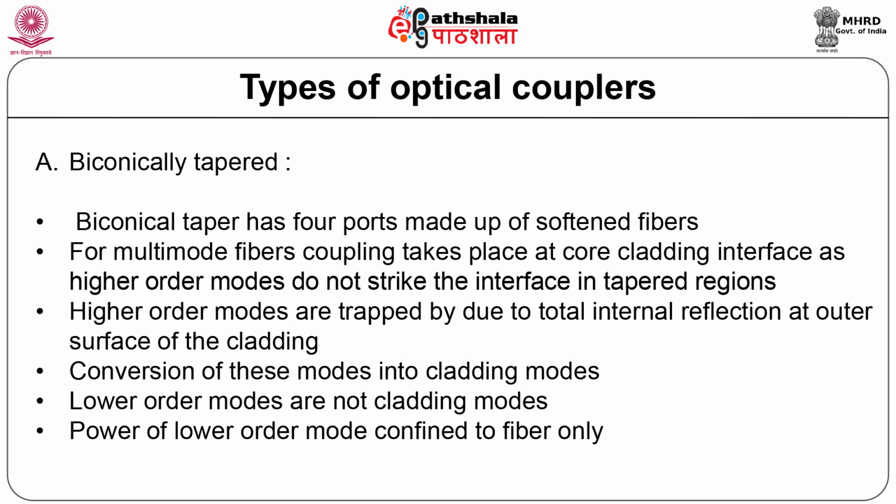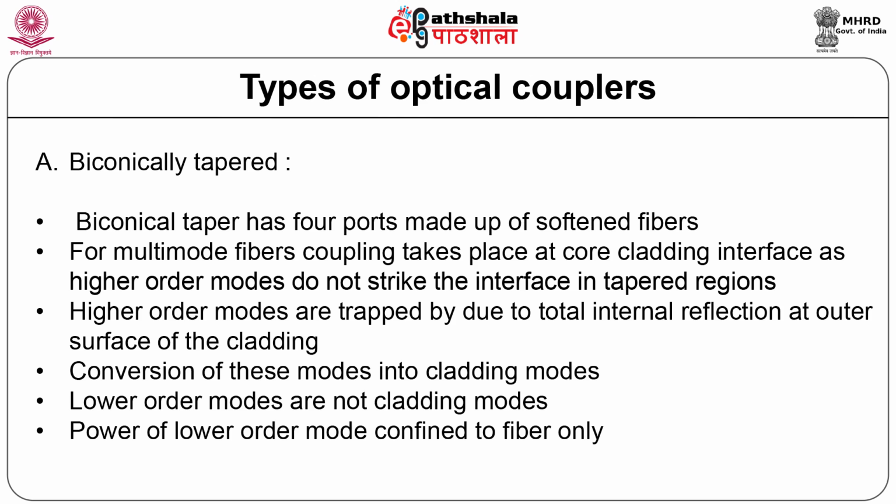But the lower order modes do not travel near the critical angle, and hence they are not converted into cladding modes. So, for multimode fibers we can see that the cladding modes or the higher order modes are useful for coupling. So, the power of the lower order modes remains in the original fiber.